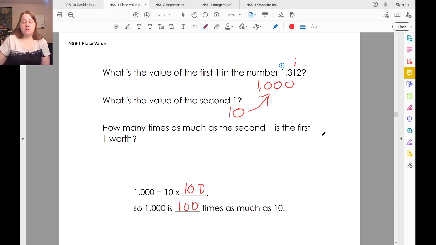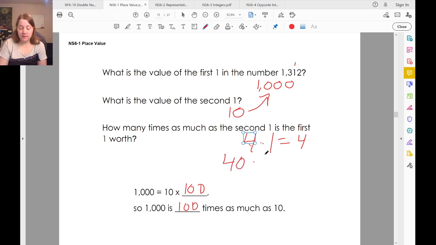Remember that when we multiply by 10, so let's say we have 4 times 1 is 4. 40 times 1 is 40.